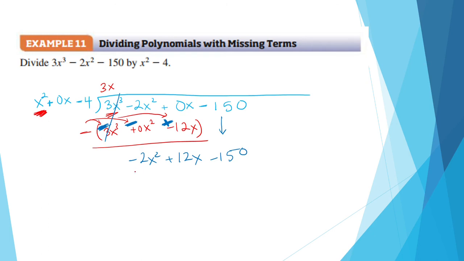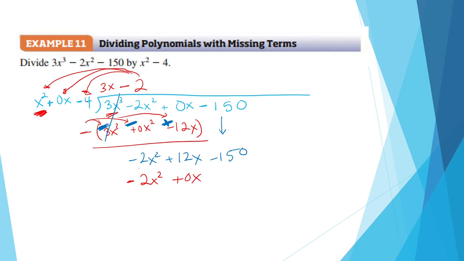Now we're going to make a guess. X squared times what gives us close to negative 2x squared? That's going to be negative 2. Then we'll multiply negative 2 times our divisor. Negative 2 times x squared is negative 2x squared. Negative 2 times 0, that's just 0x.